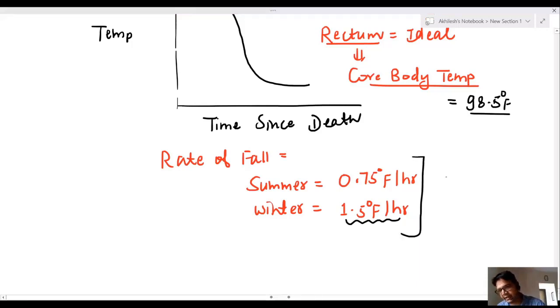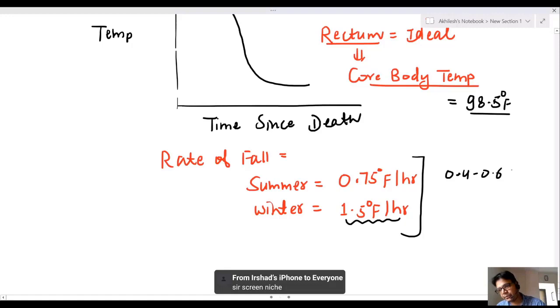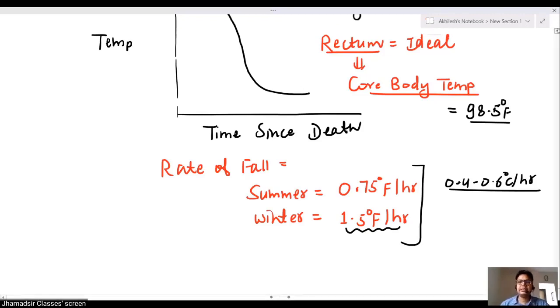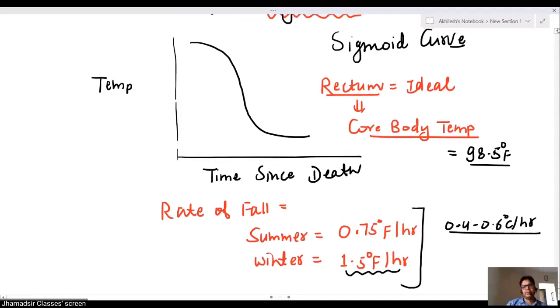Sir, for centigrade, the rate of fall is 0.4 to 0.6 degrees centigrade per hour. Rectum is the ideal site to record the temperature. Core body temperature is equal to the rectum. Core body temperature is 98.5.